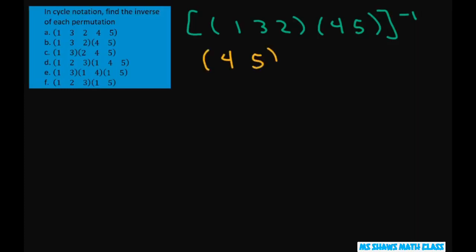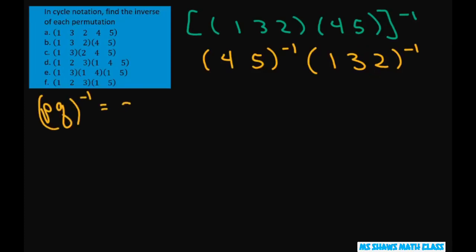Okay, for number 2, we have (1 3 2)(4 5) inverse. Now this equals (4 5) inverse composed with (1 3 2) inverse. And that's because (PQ) inverse equals Q inverse with P inverse.